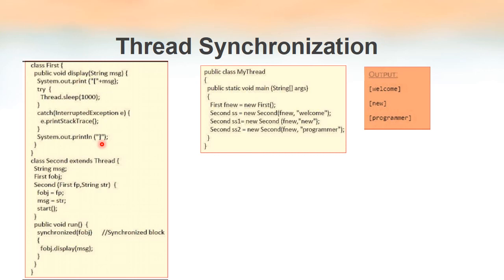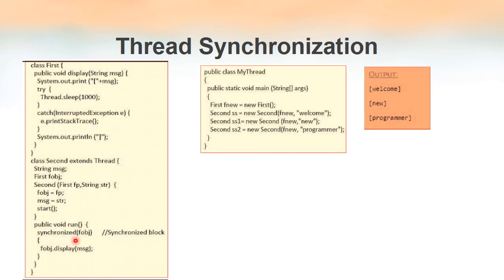Then the thread SS will terminate because its work is over. Even at that moment, while the thread SS is sleeping, we are creating SS1 as well as SS2. But even then, while the thread SS is sleeping, both SS1 and SS2 will have to wait to call this method fobj.display, because this line of code is inside a block named synchronized.